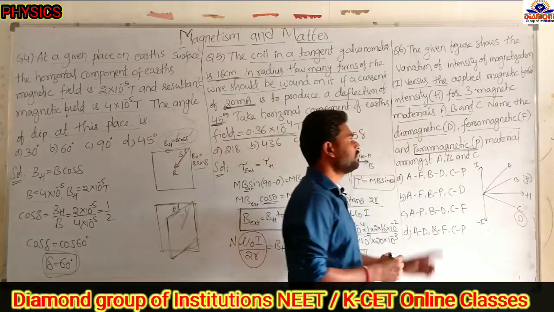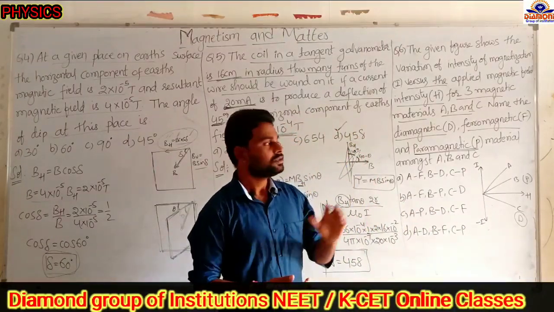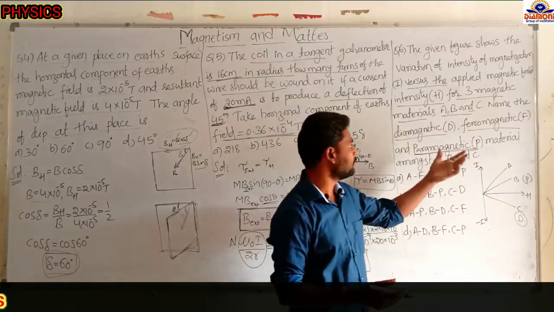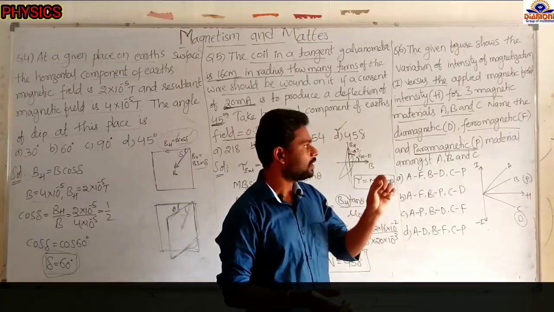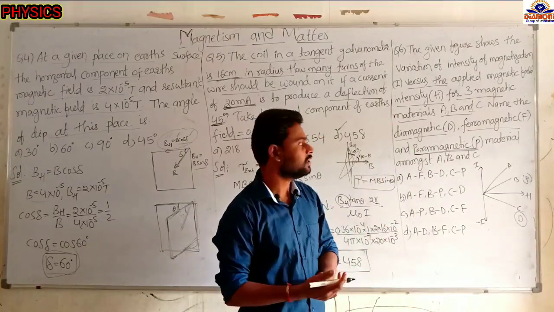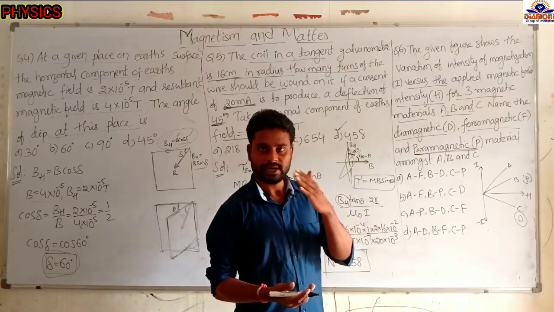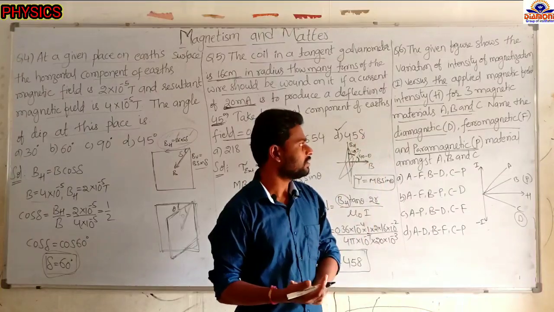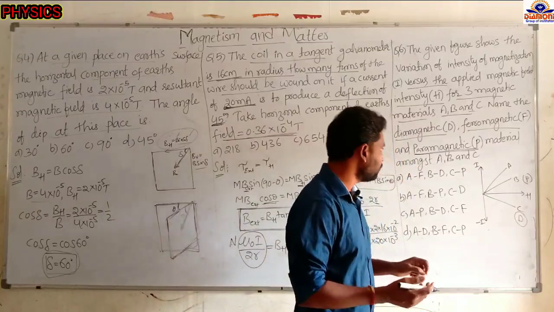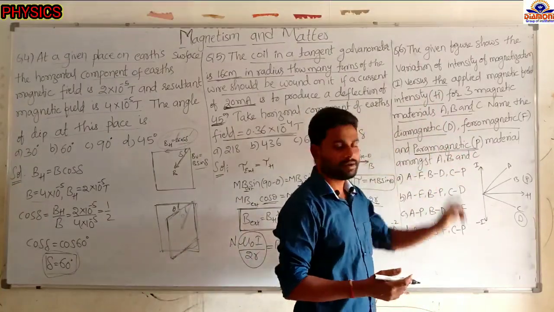Now come to the ferromagnetic material. When a ferromagnetic material is kept in the external magnetic field, the induced magnetic field is large compared with the paramagnetic material. In both paramagnetic and ferromagnetic materials the induced magnetic field direction is along the external magnetic field, but the induced field strength in ferromagnetic material is very strong compared with the paramagnetic material.